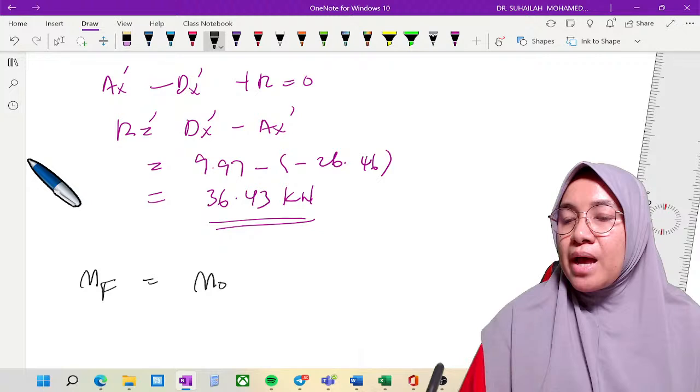We put M naught here and M prime here, and then we can close this table with M final. So this will be the final answer.